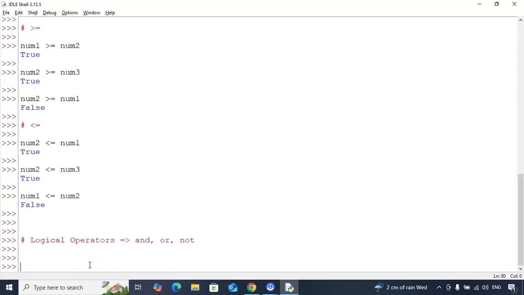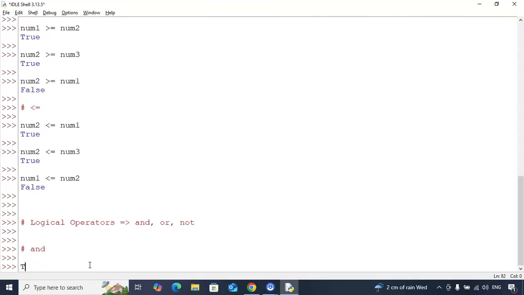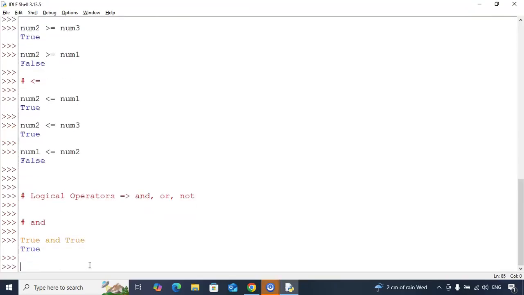Before we take those examples, let's understand. Let's start with and. If the first operand is true and the second operand is also true, you get a true. Now, what's the meaning of this? Let's take an example. There's a person called Mark and his age is 25.